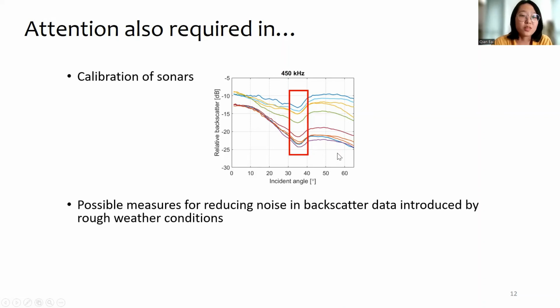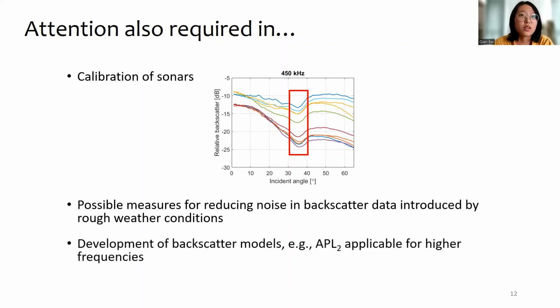The second one is we have met problems with rough weather conditions and the noise it brought to our backscatter data. So we are wondering if, possibly, people will develop tools in the future to reduce such noise caused by rough weather conditions. And the last point is the development of backscatter models to relate it to the sediment properties.